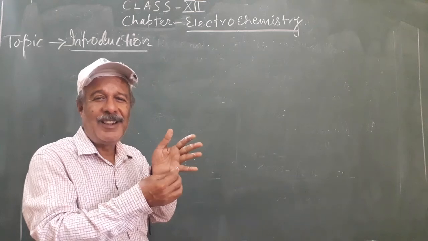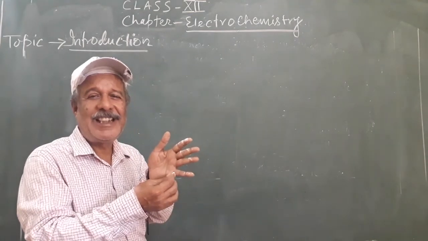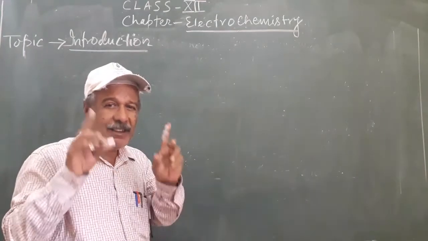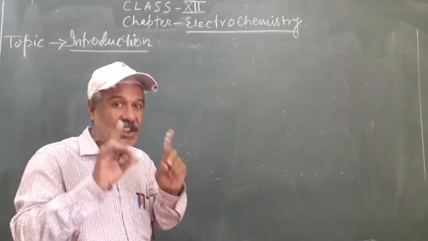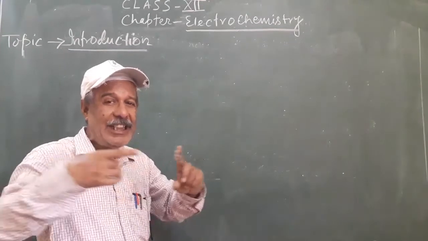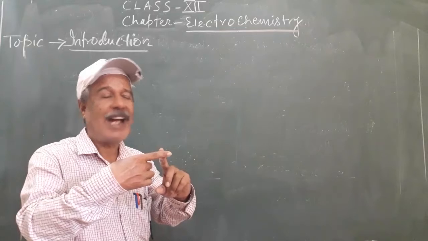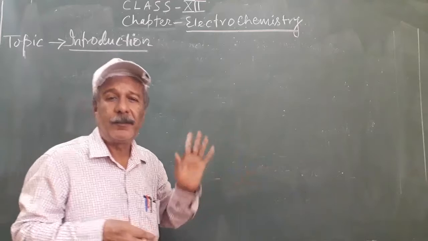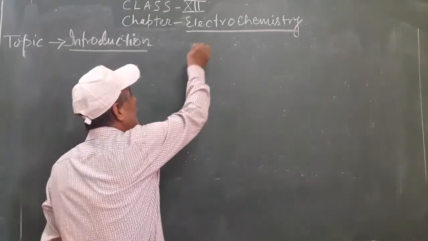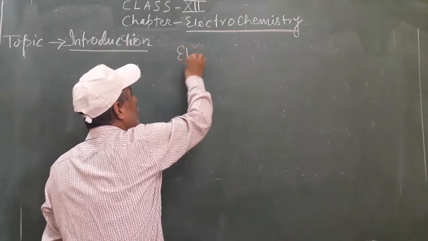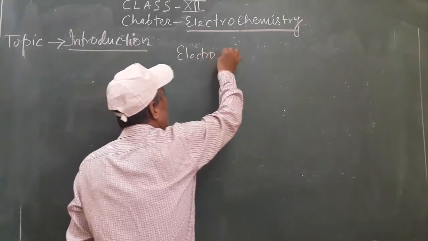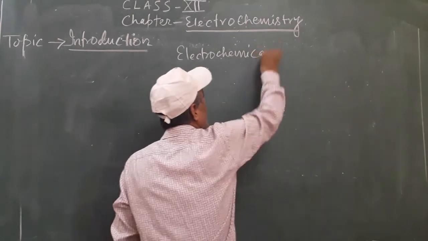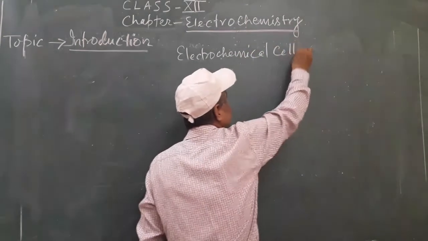अगर युद्ध होगा तो युद्ध क्षेत्र भी होगा, and that device, that apparatus, that system where these two mutually interact, that is known as electrochemical cell.